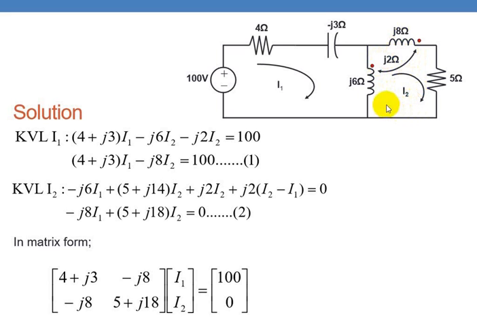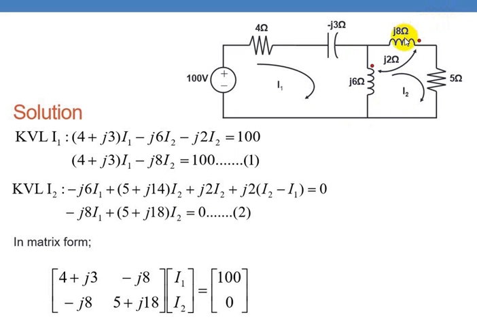This I2 current is coming out from the dotted terminal, and here also it is coming out from the dotted terminal. Therefore, you have to write a plus sign here. While you write the equation for the current for this, it will be I2 minus I1, since I2 is considered as the positive current for the second mesh.